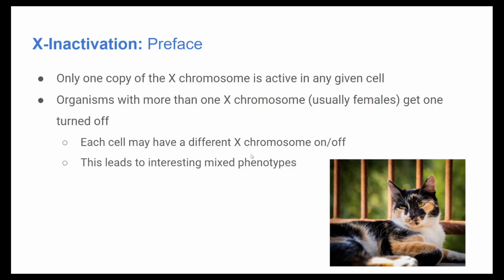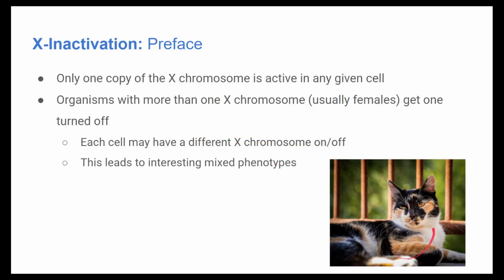Organisms with more than one X chromosome, so XX females, or XXY males, or there's also triple X females, are going to get one or, well, multiple maybe, turned off. They can only have one X chromosome turned on in each cell.